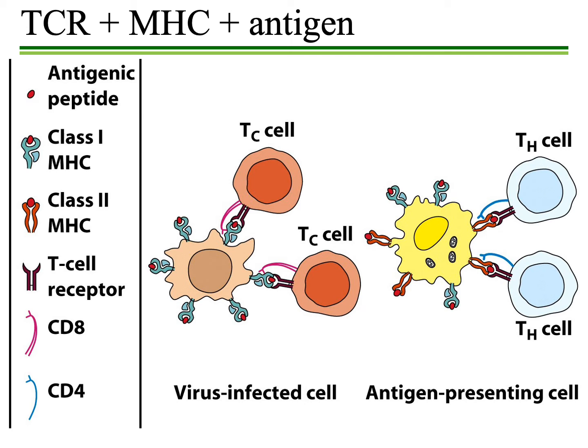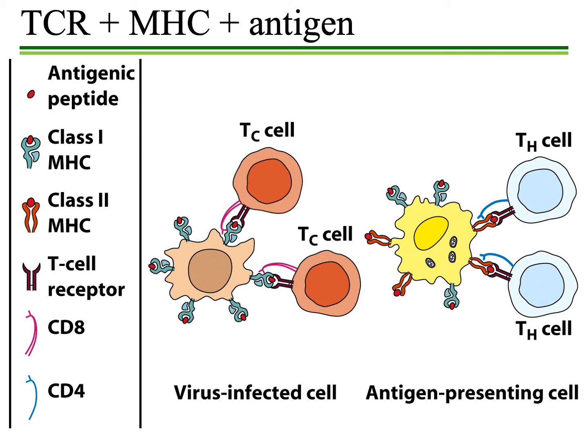So on the far left column, you see labels of molecules and receptors that are playing a role in this process. You have the red dot at the very top of the left-hand column representing the antigenic component, the antigen that is being presented. In this case, it is a peptide, a short amino acid fragment. There are two different classes of MHC molecules, which we will eventually talk about in more detail in our next lecture.